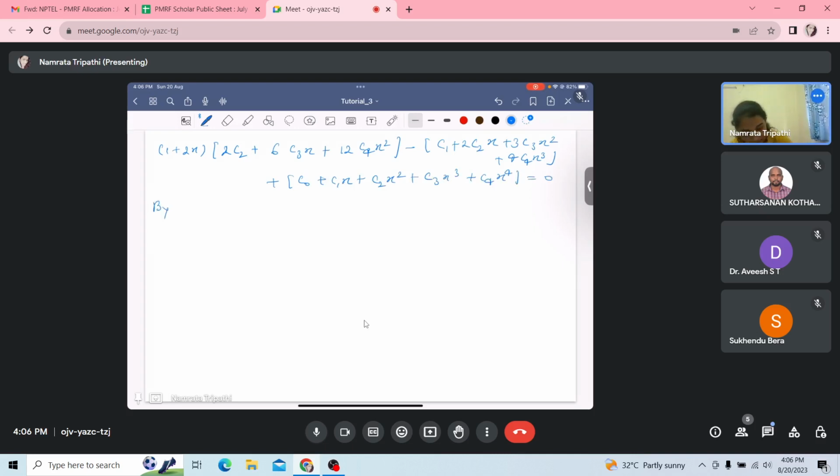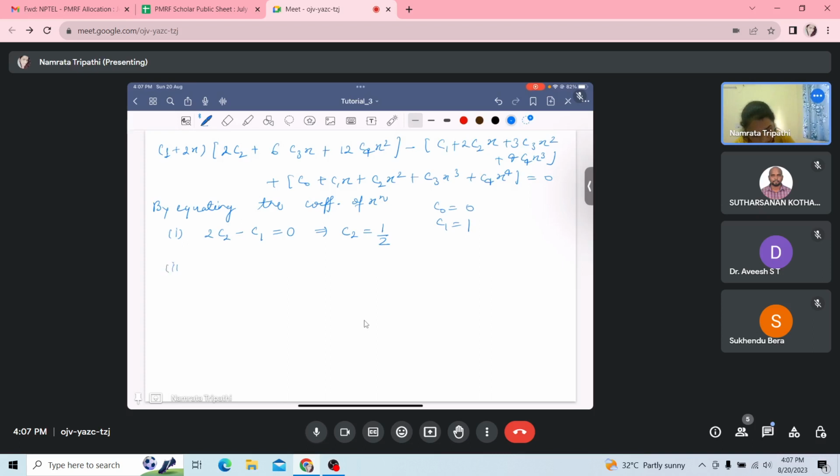By equating the coefficient of x to the power n, first of all we equate the constant term, then the coefficient of x and x squared. I'm going to write the equation after equating. Because C0 is 0 and C1 is 1, you can put these in and get C2.